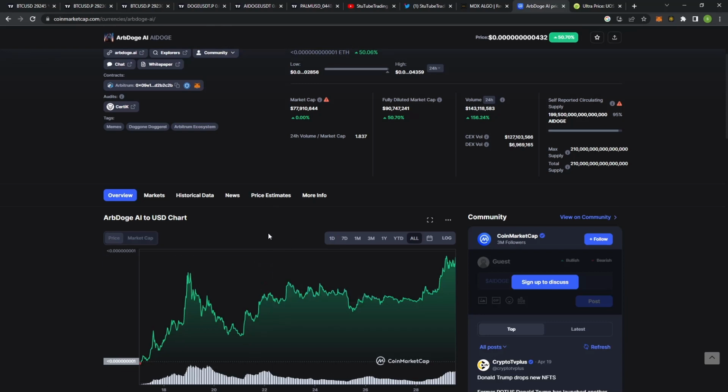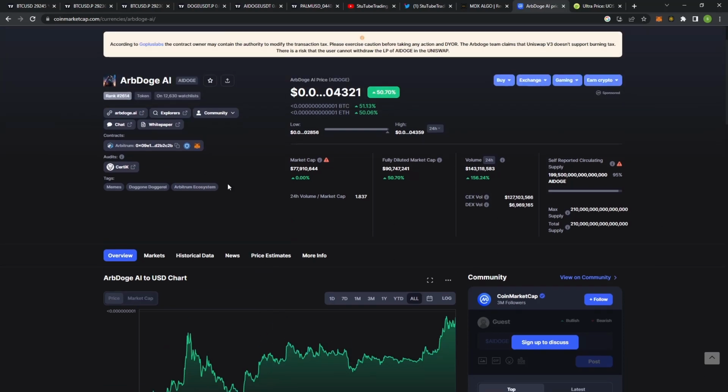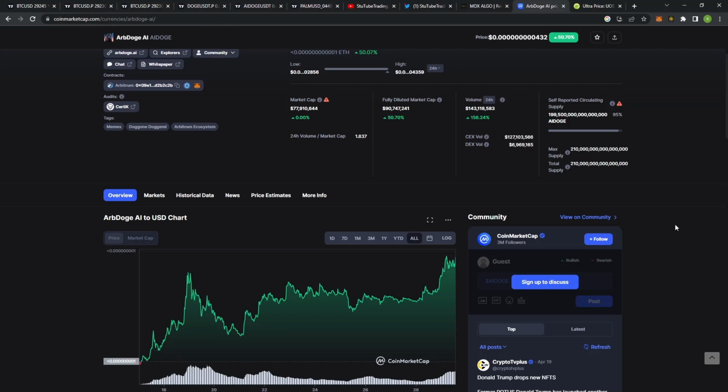Because I actually wasn't able to sell my AI Doge on Uniswap. It wasn't letting me, so I just transferred some. I created an account on MEXC Global or whatever it is, and I moved some off my Ledger onto there, and that's where I've been trading it. They do have some leverage trading pairs on some real degen coins, so pretty exciting stuff.